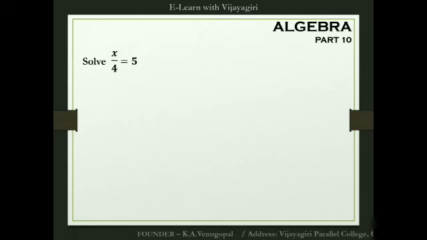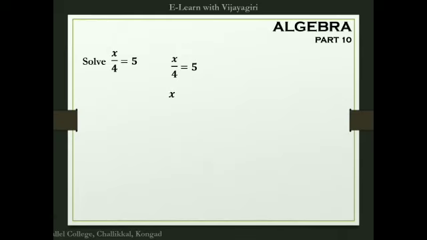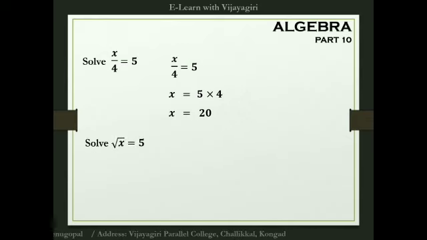Solve x by 4 = 5. Here it is division. Division by 4, when taken to the other side, becomes multiplication. So x will be equal to 5 times 4, and it will be 20. Next, solve root x = 5. Root, when going to the other side, becomes square.